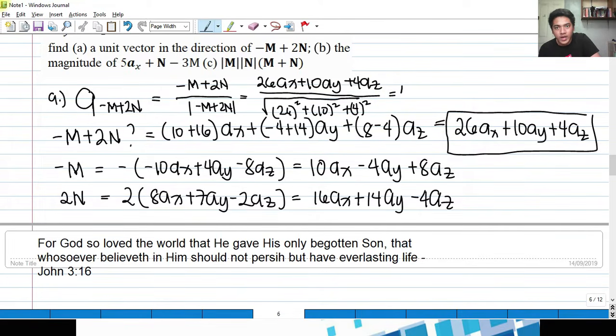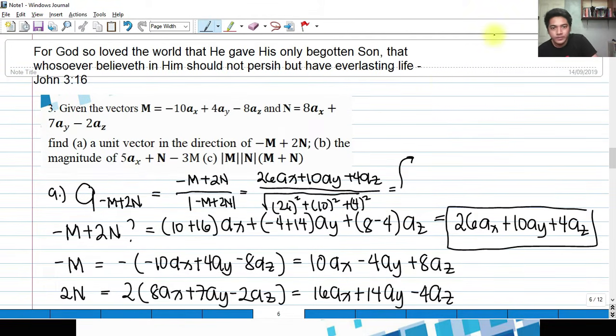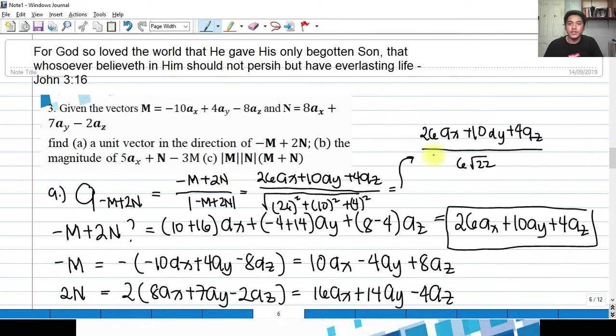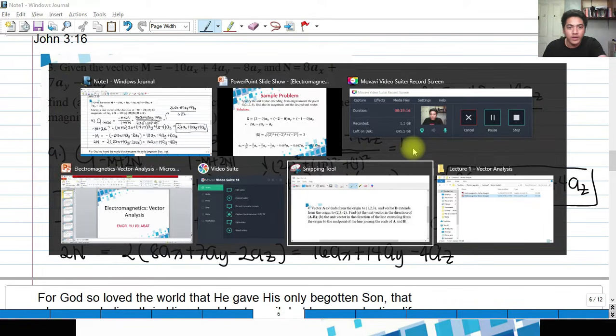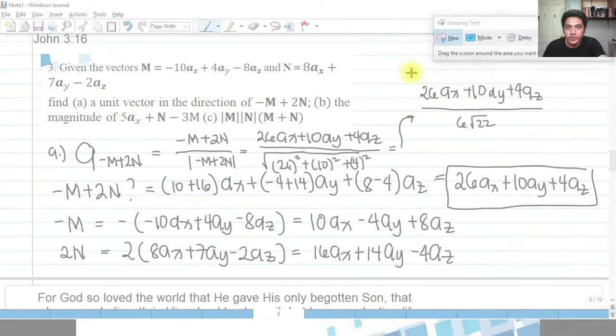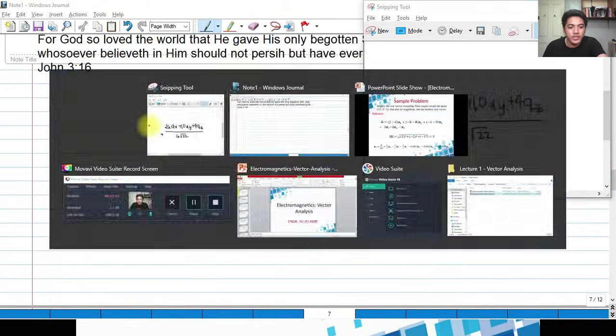Let me rewrite: 26a sub x plus 10ay plus 4a sub z over 6 square root of 22. If you're going to divide this by components, I'm going to copy this first so that we can easily see.